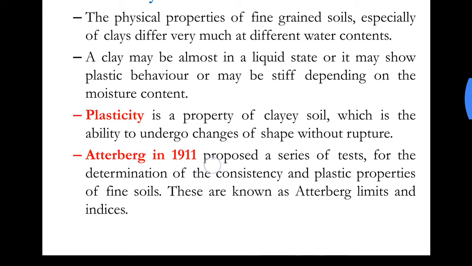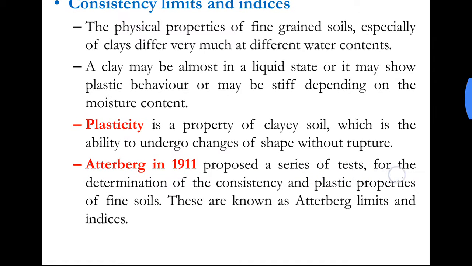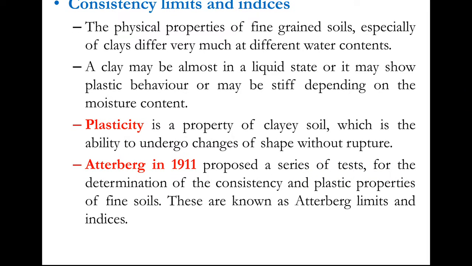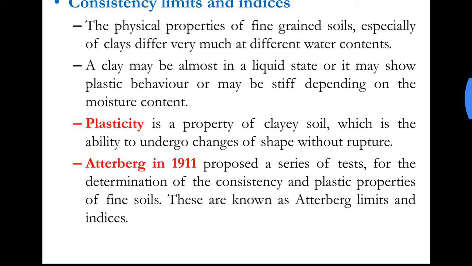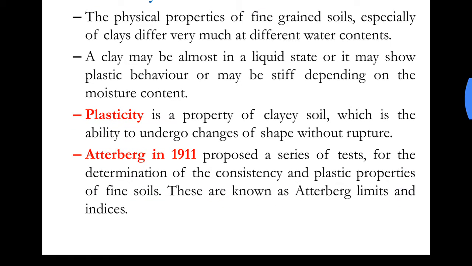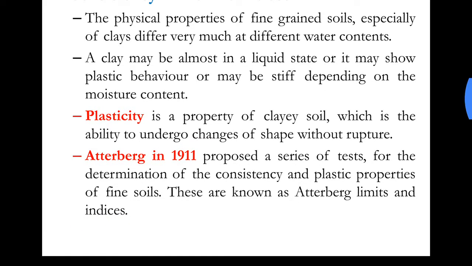Atterberg in 1911 proposed a series of tests for the determination of the consistency and plastic properties of fine soils. These are known as Atterberg limits and indices. So Atterberg proposed a series of tests to be carried out on soils to determine their consistency and plastic properties based on water content.